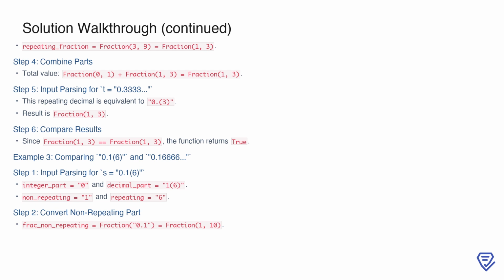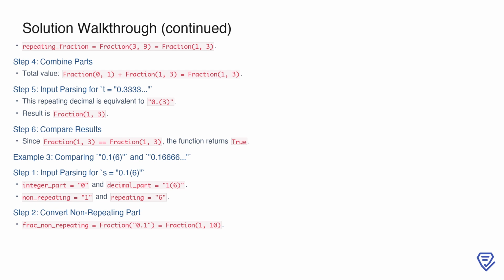Following the same process, it is converted to Fraction(1, 3). When we compare the results of both inputs, we find that Fraction(1, 3) equals Fraction(1, 3), so the function again returns true. Now, in our final example, we compare s equals 0.1(6) and t equals 0.16666.